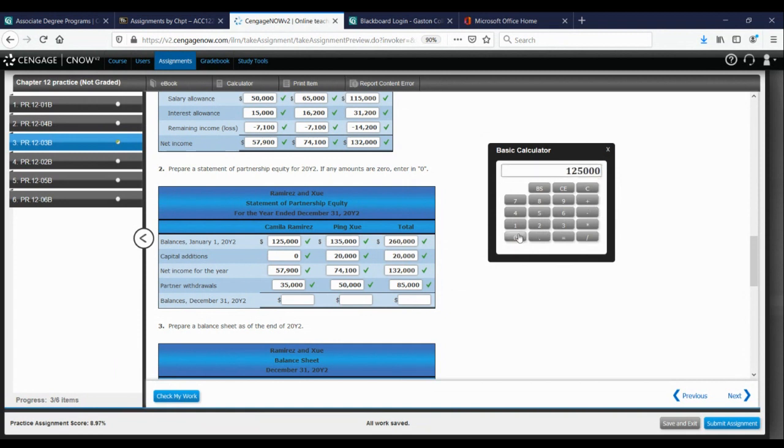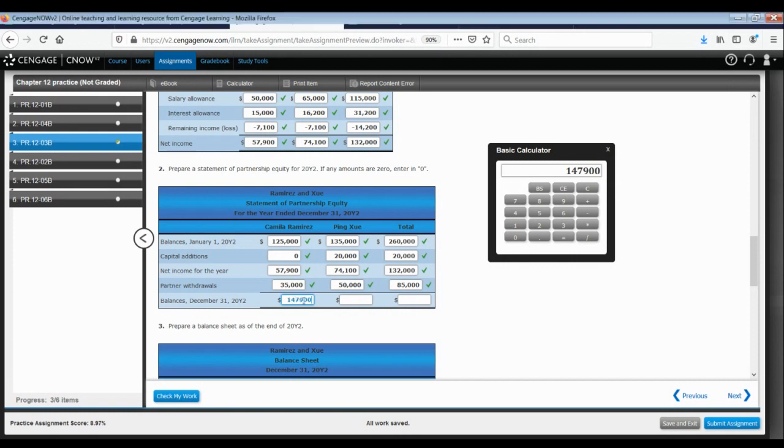There was no additional investments. Then we're going to add the net income, and we're going to subtract our withdrawals. And what that will give you is $147,900.